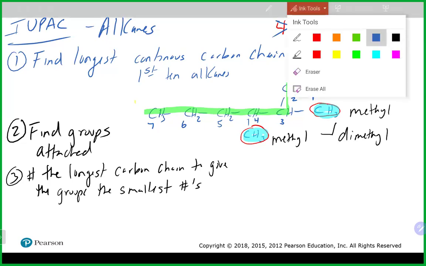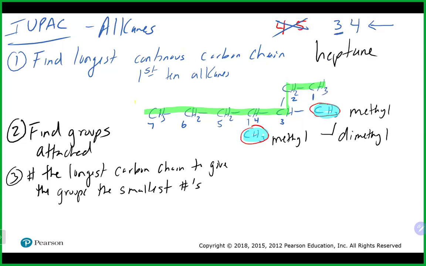We have a methyl group that's hanging out at carbon number 3. This would be 3-methyl. By the way, we put a dash between a number and a letter. And this guy would be 4-methyl basically here. And again, we put a dash between a number and a letter.